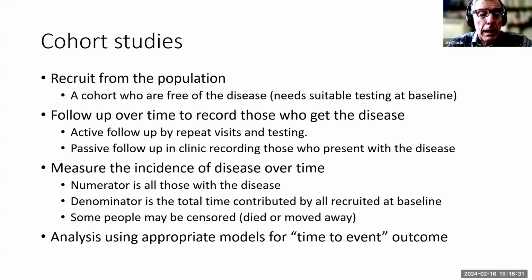The difficult thing about cohort studies is that some people may be censored. And this happens if you're collecting the data yourself, or if you're looking at secondary data as well. Some people might be censored in that they are at risk of the disease for a period of time, but then at a particular time point, they no longer come to the clinic, they have moved away, or they've died, things like that.